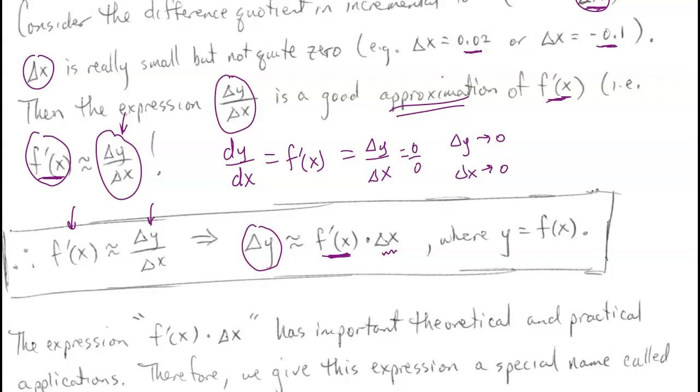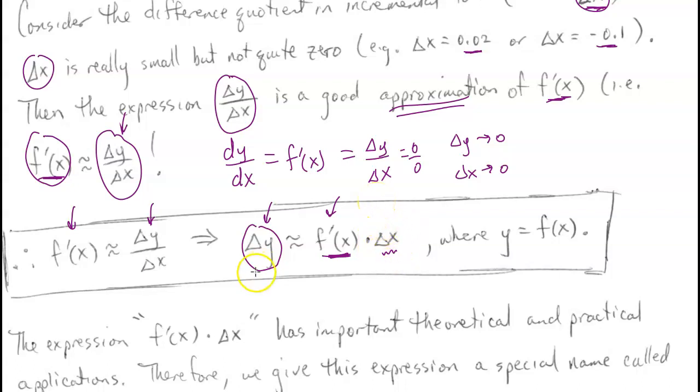So I'll say that again. I can estimate the actual change in y values, that's what delta y means, by using the derivative of my function times the actual change in the x values.